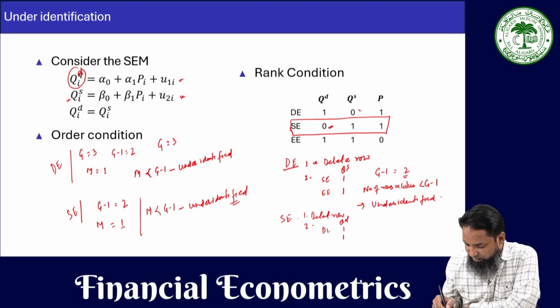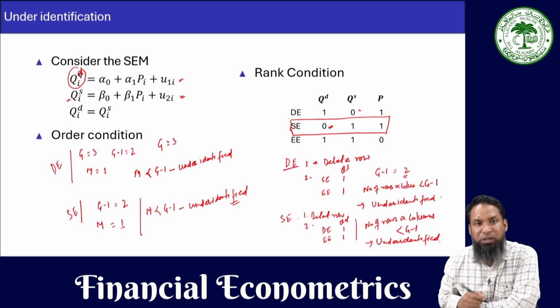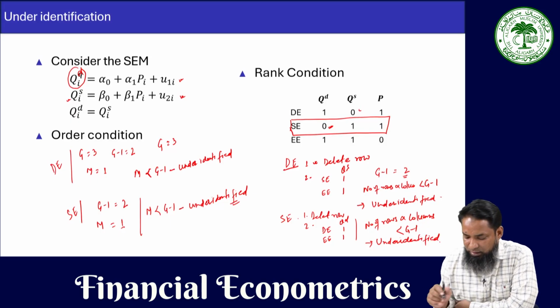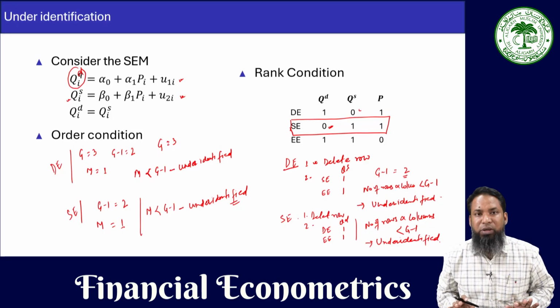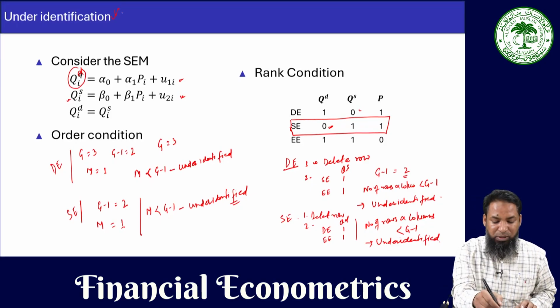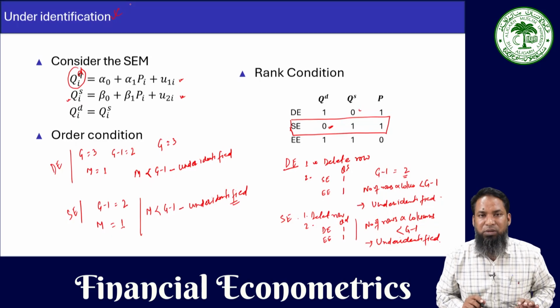Here we have the demand equation, and here the equilibrium condition. Again in this case, the number of rows and columns is less than g minus 1, so again we have an under identified situation. The same will be true for the equilibrium equation. So this is the whole scenario where we observe under identification of the system of equations.